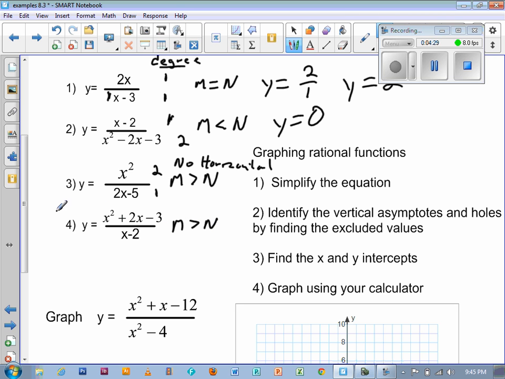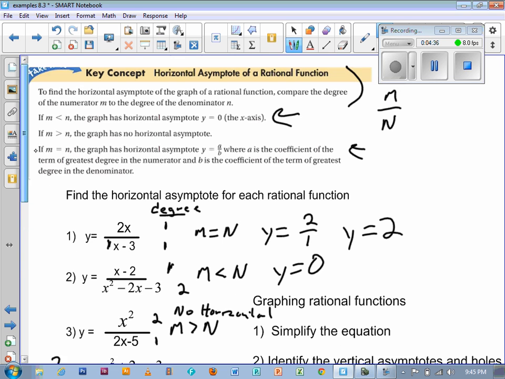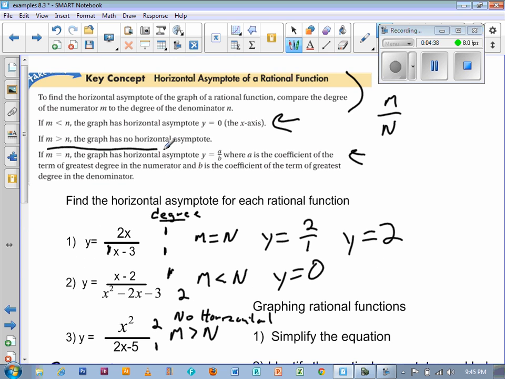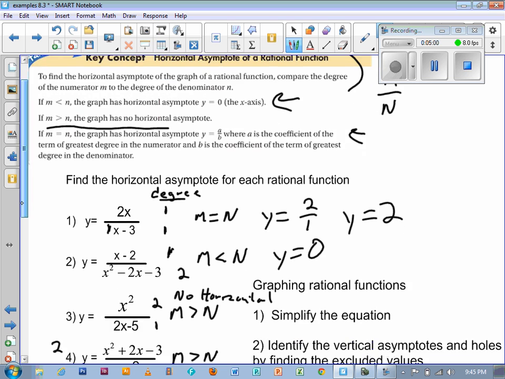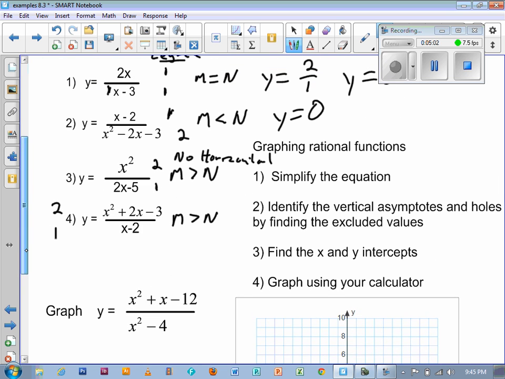The degree 2 is bigger than the degree on the bottom 1. Therefore, there's no horizontal asymptotes there either. If they're the same, then a over b would be your horizontal asymptote. And if the bottom one's bigger, then y has to be equal to 0 as your horizontal asymptote. So that's how you determine, and you'll get used to this, and it's really not too bad once you get the hang of it. Now, the next phase of this video is we're going to start graphing.